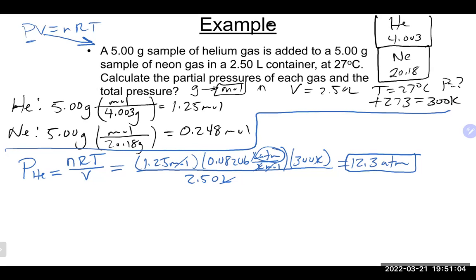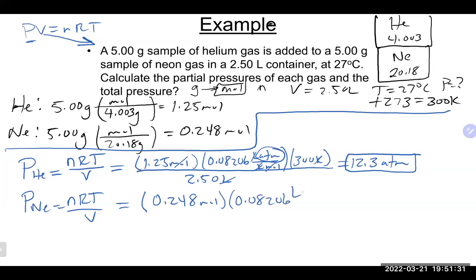We're also obviously interested in the partial pressure of neon, which is basically the exact same calculation. The only difference is we want to use neon's moles. So the partial pressure of neon should also equal nRT divided by V. Here again, we want to use the actual moles for neon, which would be 0.248 moles. Our gas constant is still the same.